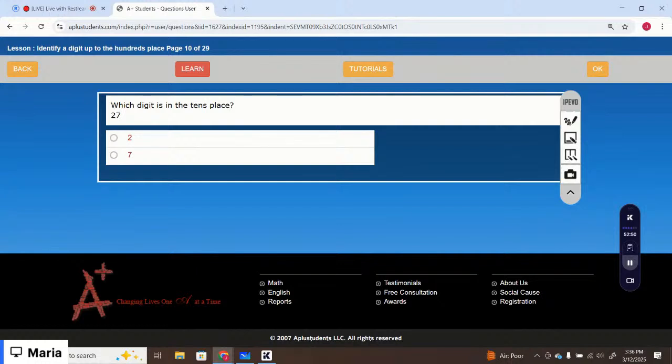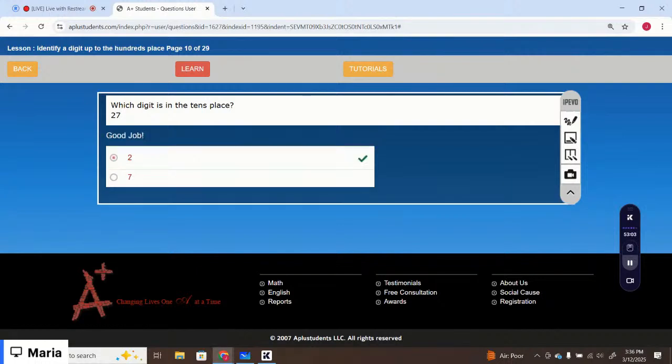Which digit is in the tens place? 2 is at the tens place. Option number 1 is the correct option.